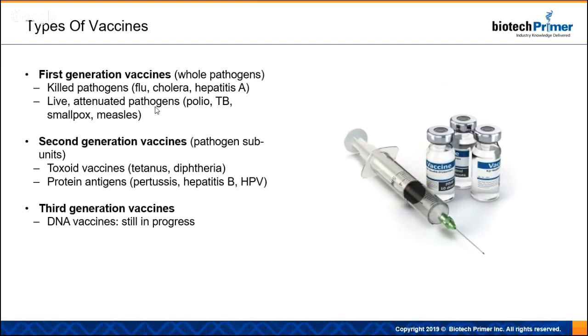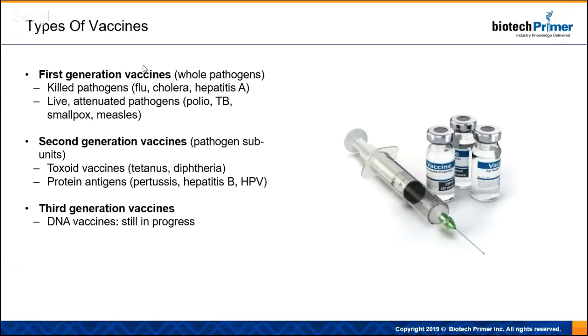So there's a couple of different types of vaccines. First generation vaccines, this just means those types of vaccines that were used first, were whole pathogen vaccines. And so this essentially means we grow up large quantities of a particular type of virus, and kill that virus. We can kill it with exposure to heat, exposure to UV radiation, ultraviolet light.